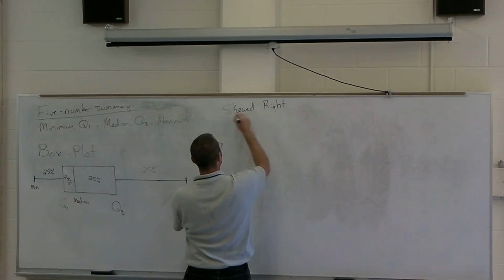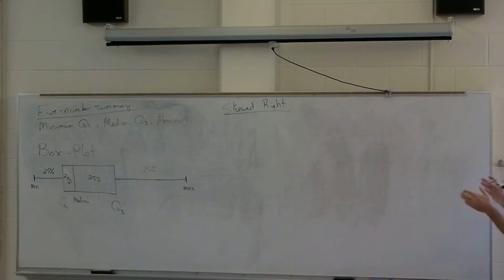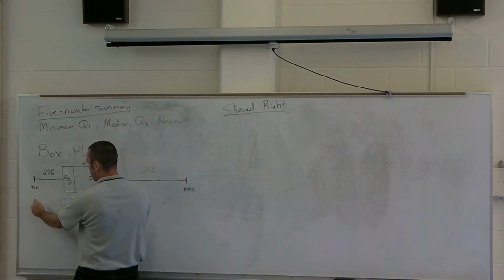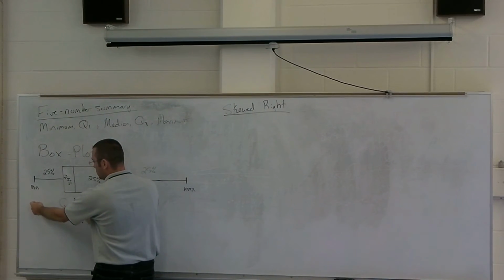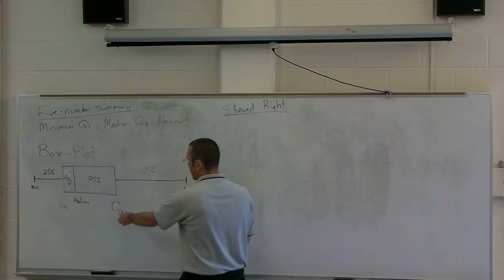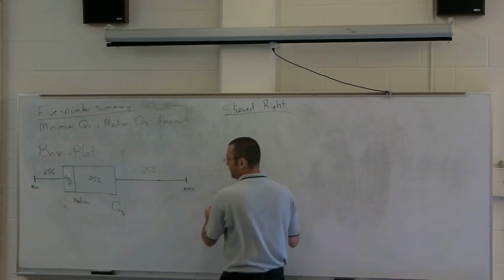This picture should be representative of something that is skewed right. You'll notice that 50% of our data is compressed in a small range of values, and a very, very large range of values for the upper 50%.